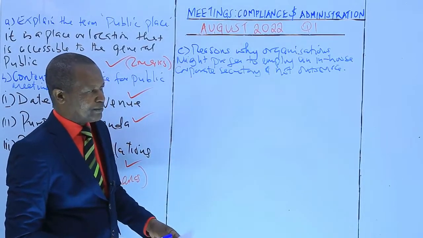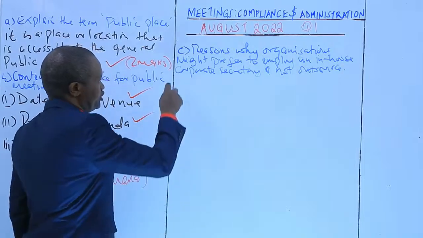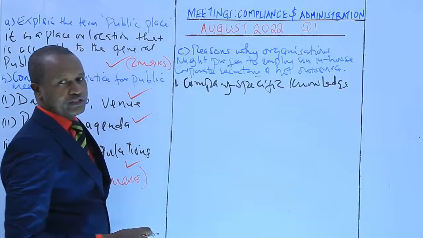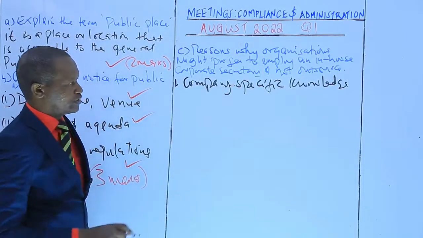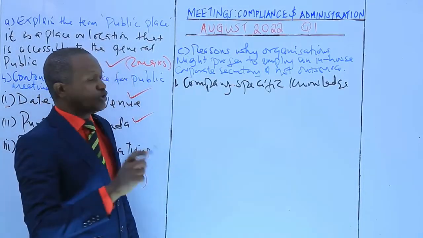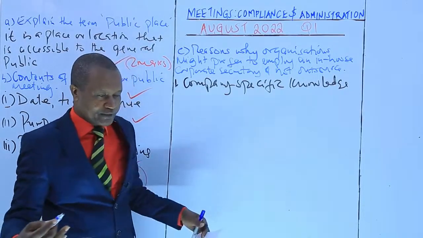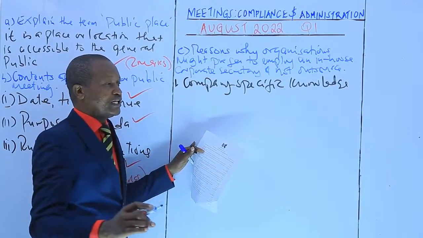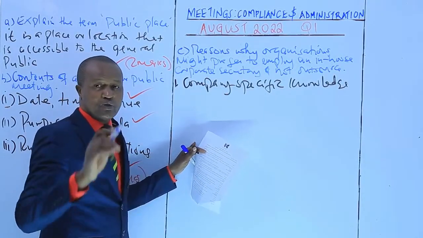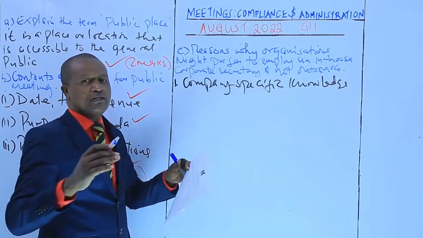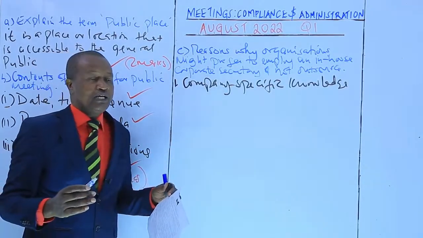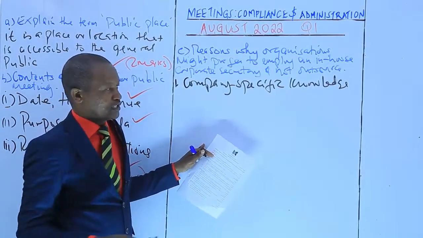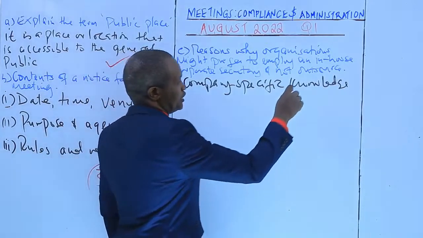One reason is company-specific knowledge. What does that mean? An in-house corporate secretary develops an in-depth understanding of the organization's operations, culture, and even the governance structure. And such knowledge allows them to provide tailored support and guidance to the company, to the management, and also the board of directors, as opposed to outsourcing.